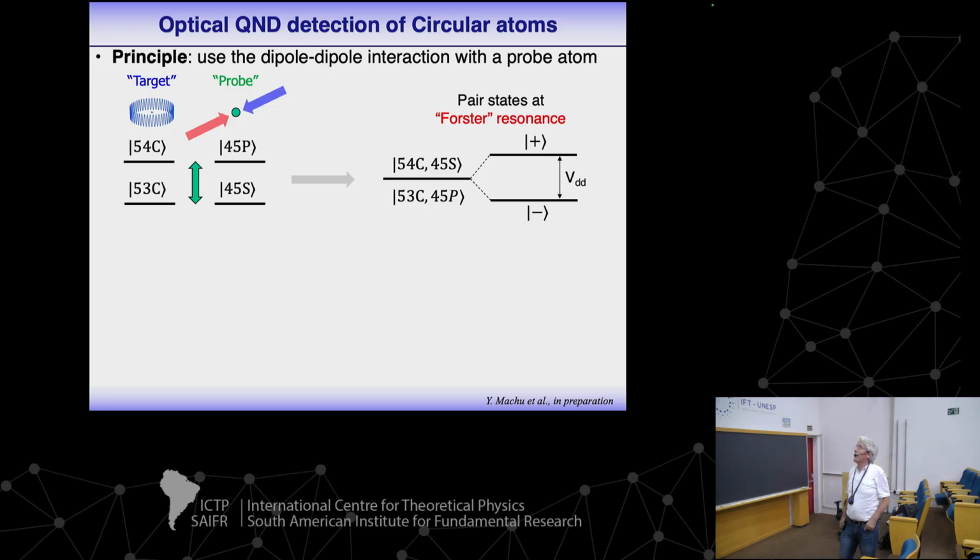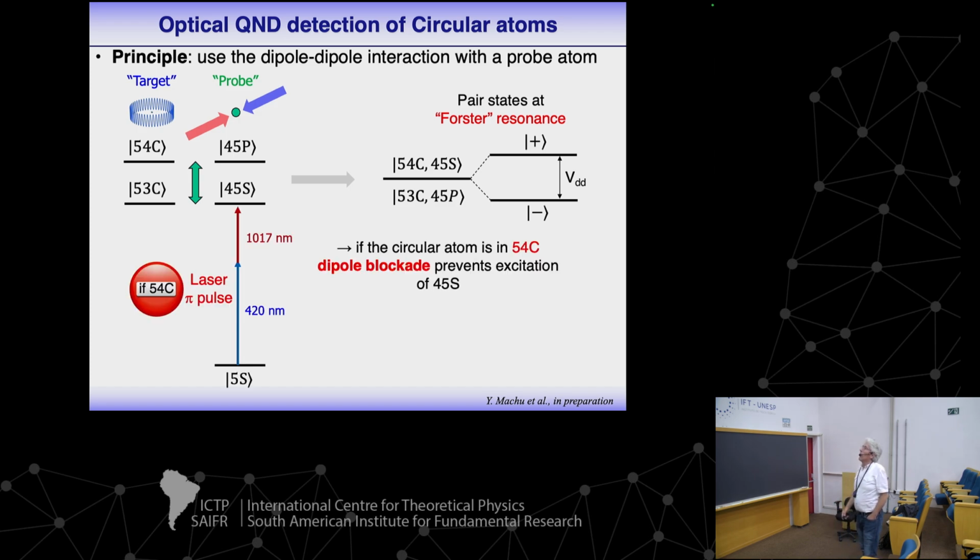So let's consider that. As usual, Forster resonance leads to a splitting between these two degenerate states, which is the effect we use for detecting the atom by, again, a kind of dipole blockade effect. So if one atom is in the 54 circular level, you expect that excitation of the 45S ancilla atom by the properly tuned laser is blocked due to this energy splitting.